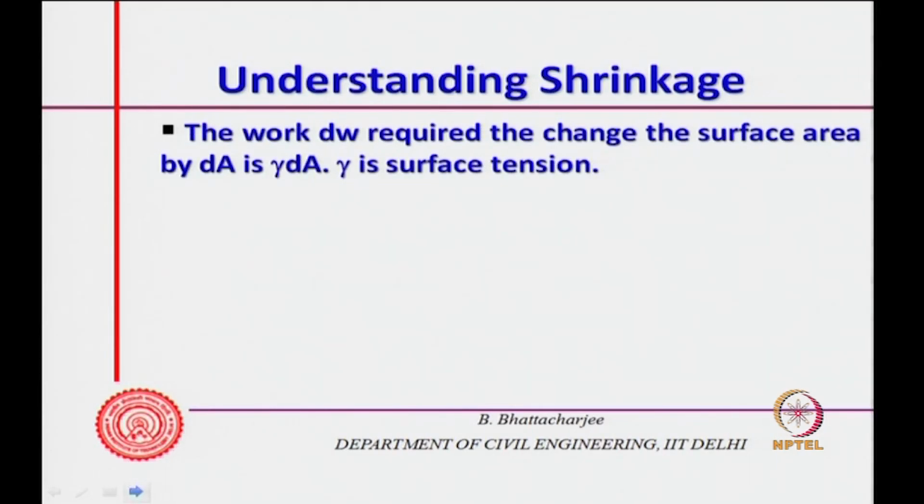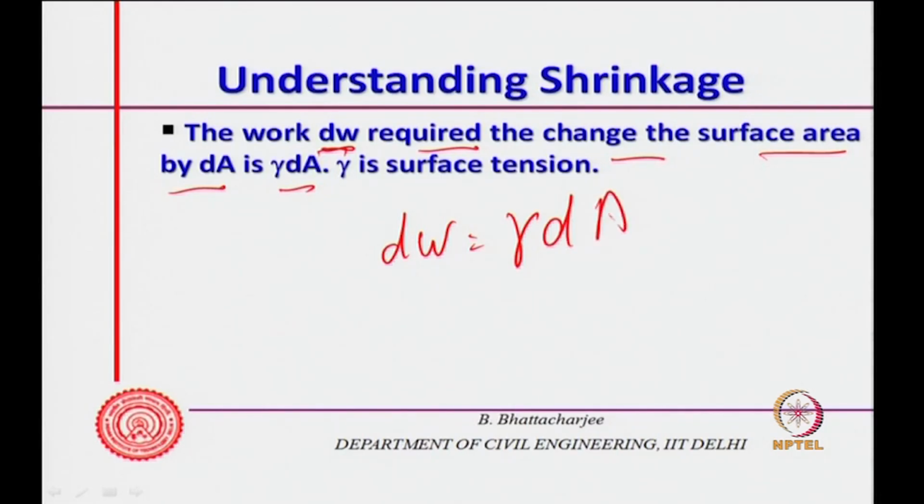So, the work dW that is required to change the surface area by a small surface area dA is equal to gamma dA. So, dW is equal to gamma dA. This gamma is the surface tension. So, the surface tension is basically the work per unit area, or energy per unit area.